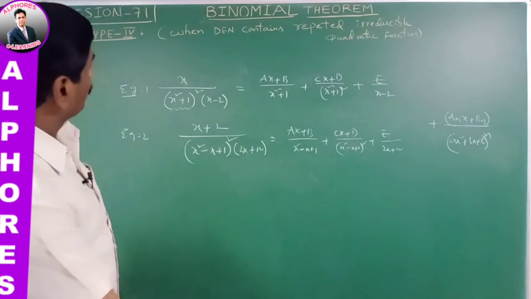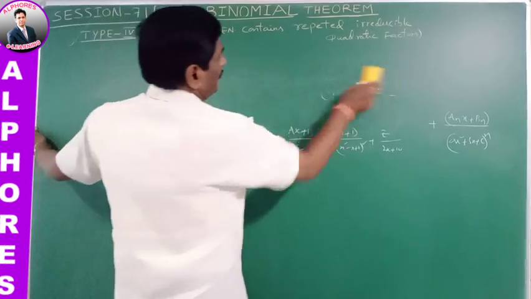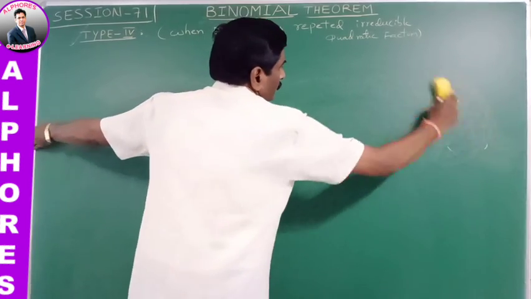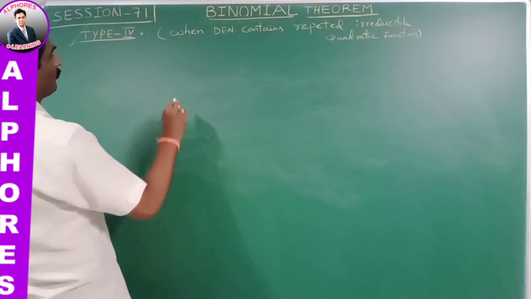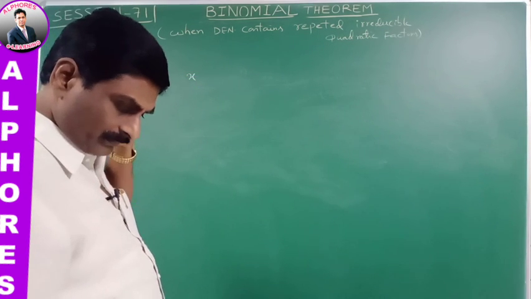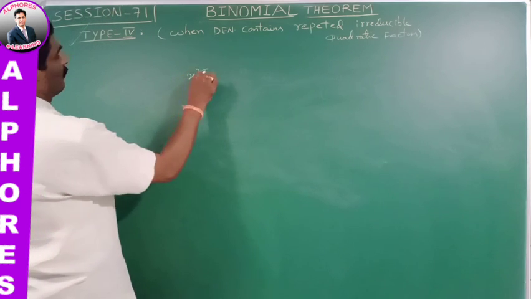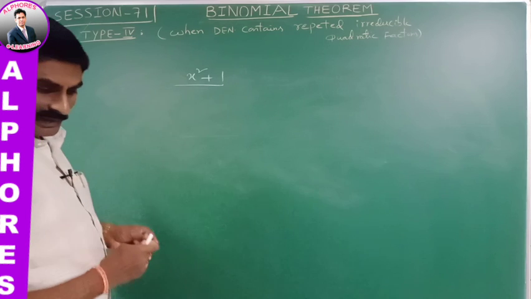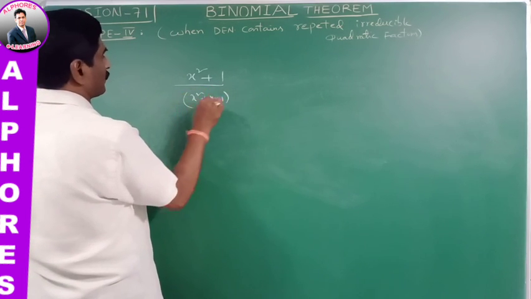Now, resolve (x square plus 1) by (x square plus x plus 1) whole square into partial fractions.